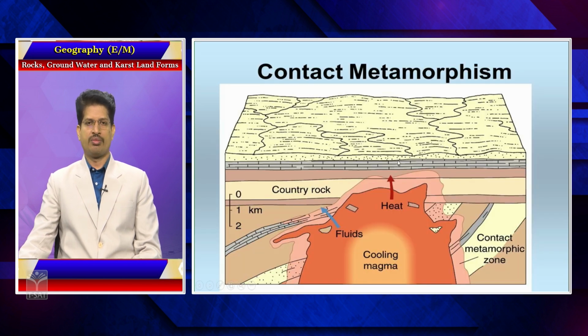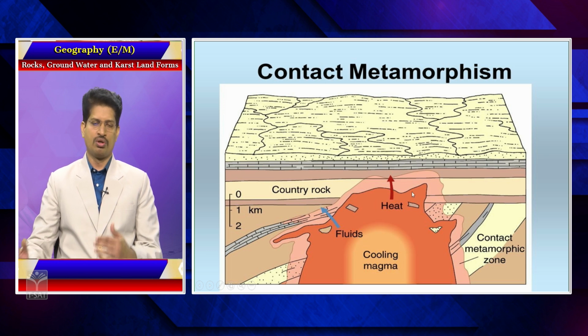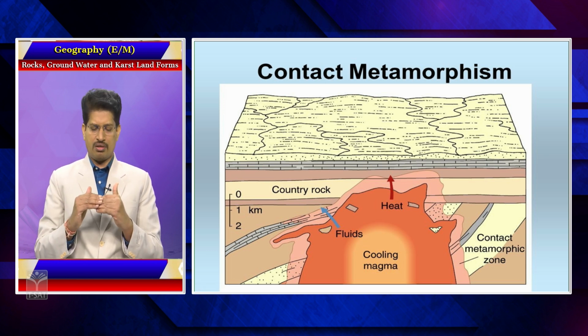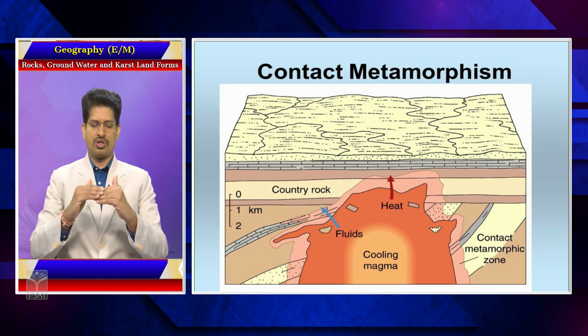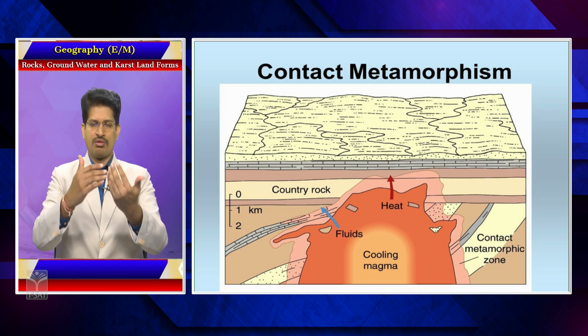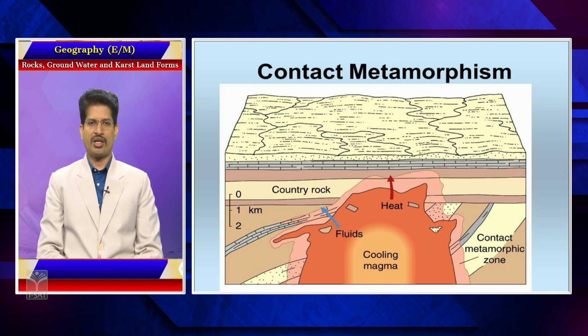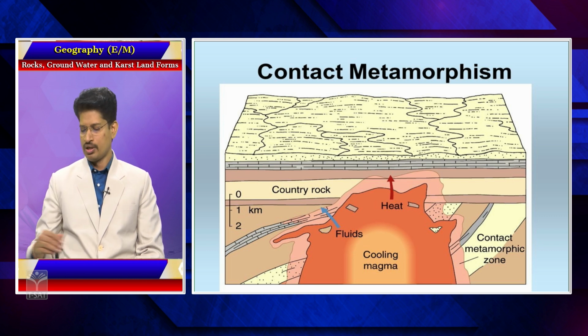So, the other metamorphism is known as contact metamorphism. The magma which is present in the earth's interior, when it is in touch with the nearby layers, subjects them to metamorphism. Because the hot magma is imparting its temperature to the layers above, subjecting them to metamorphism by contact, it is known as contact metamorphism.